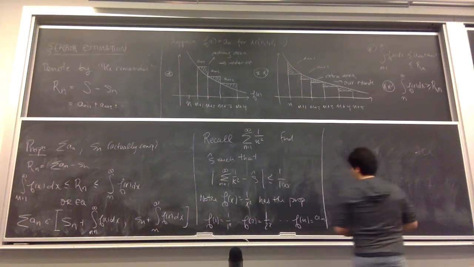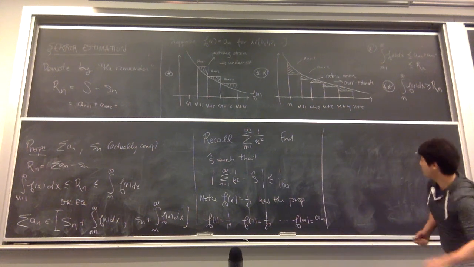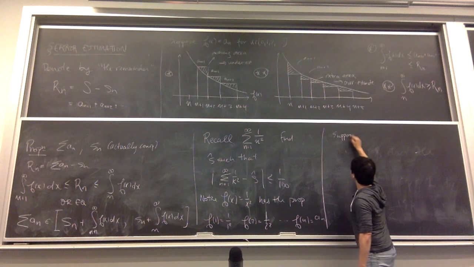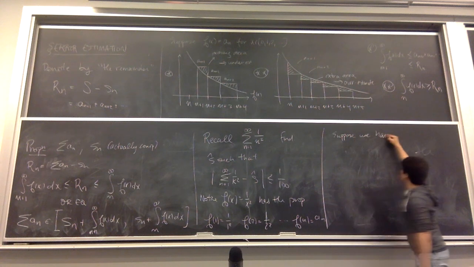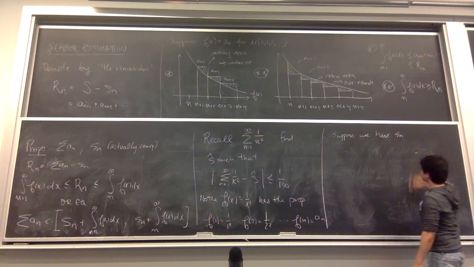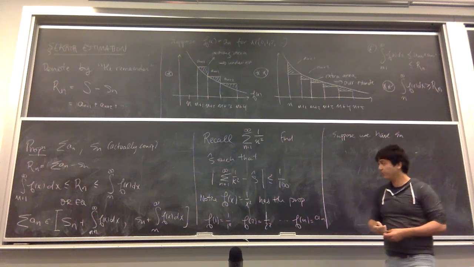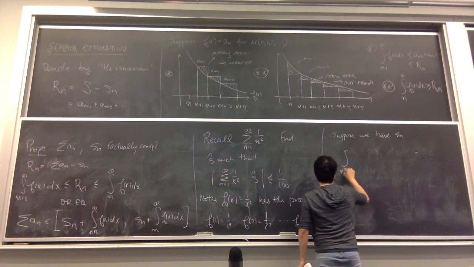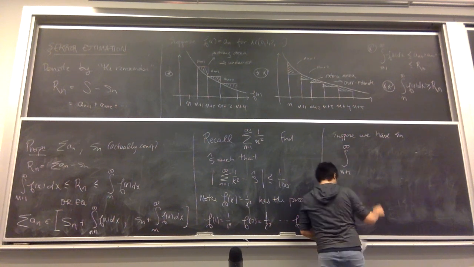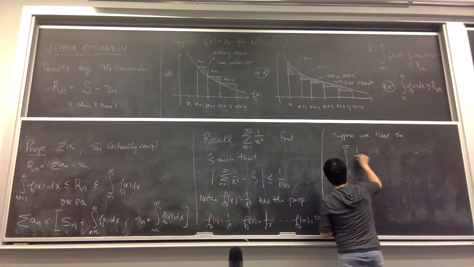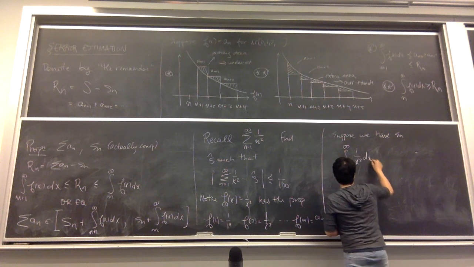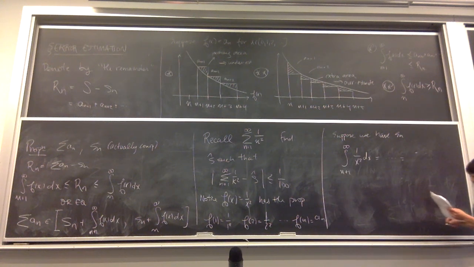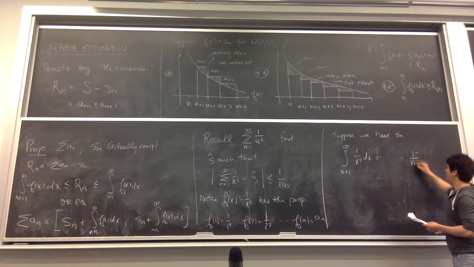Okay, so what integrals do we need here? Suppose we have some partial sum. Then the next two things we would need are a couple of integrals. We need the integral from n plus 1 to infinity of 1 over x squared dx, and this ends up evaluating to 1 over n plus 1.